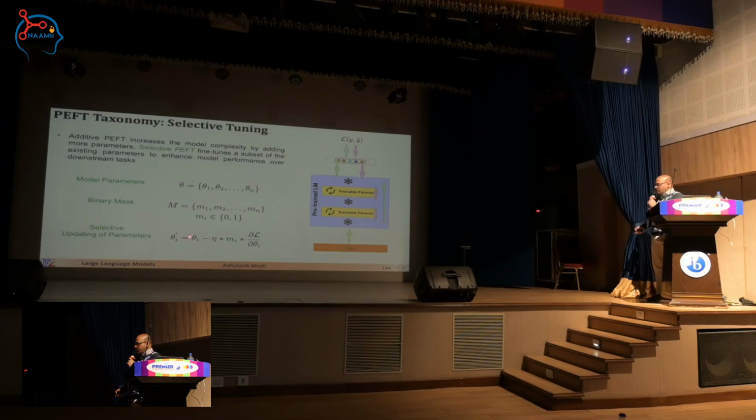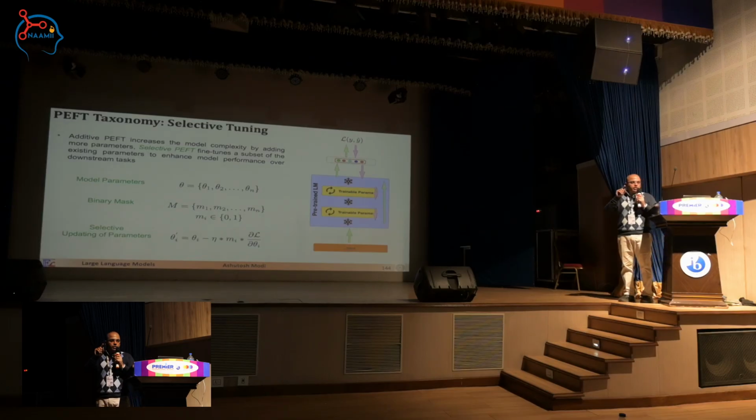Each parameter is updated using the gradient update rule, but the only difference here is that you multiply each gradient by a mask, which can be 1 or 0. For the parameters which you don't want to update, obviously the mask is going to be 0, and for the parameters which are going to be updated, the mask is going to be 1.